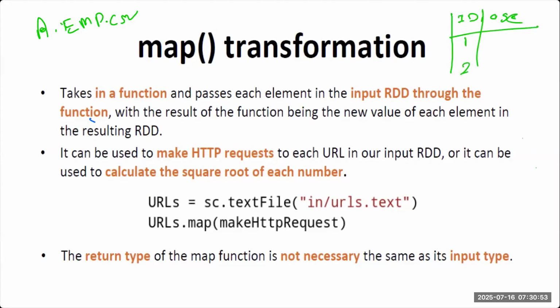ID 1, 2, age 20, 25. Let's just give one more record, 30.